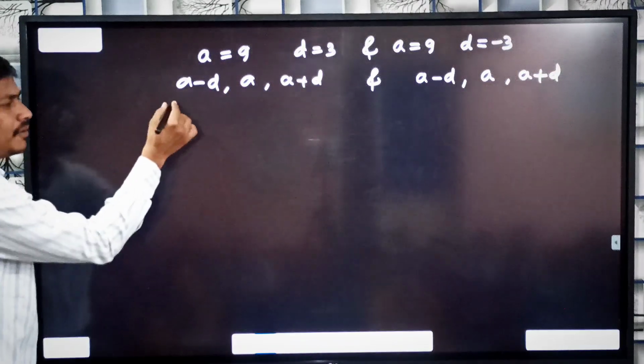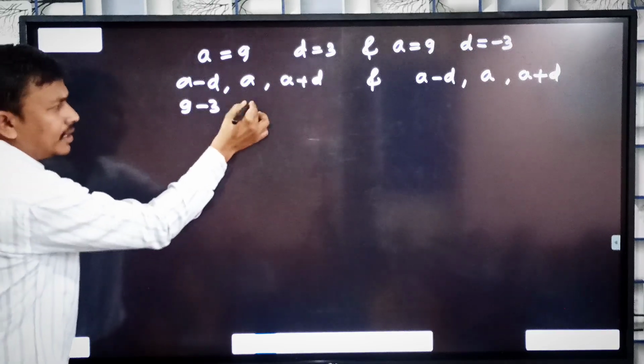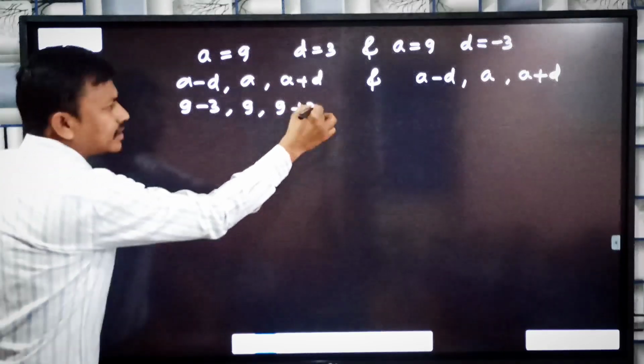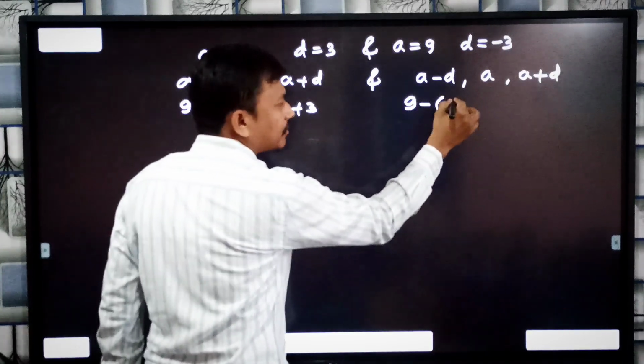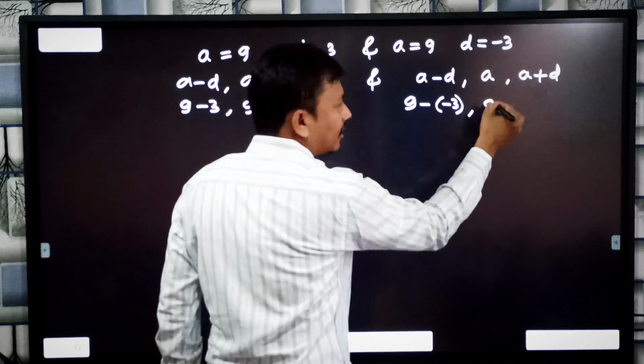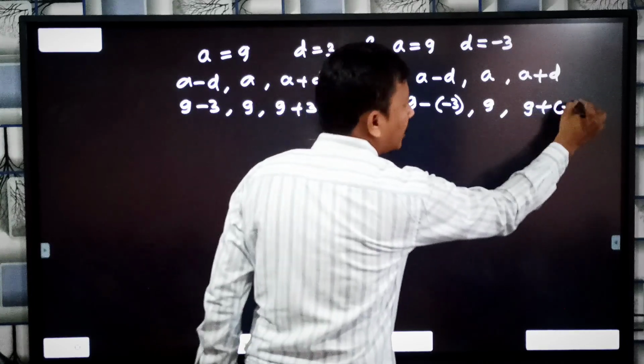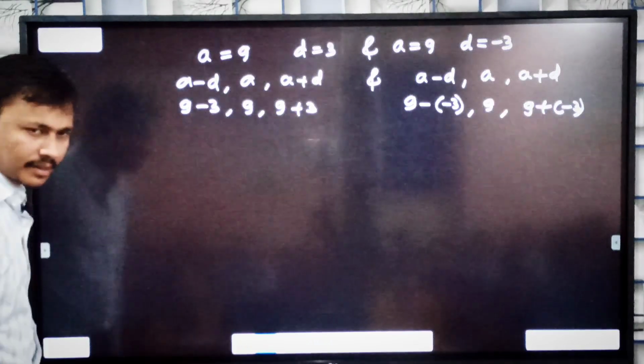Okay, what is the a value? 9 minus 3, 9 plus 3. Then here a is 9 minus 3, 9 plus minus 3. Correct?